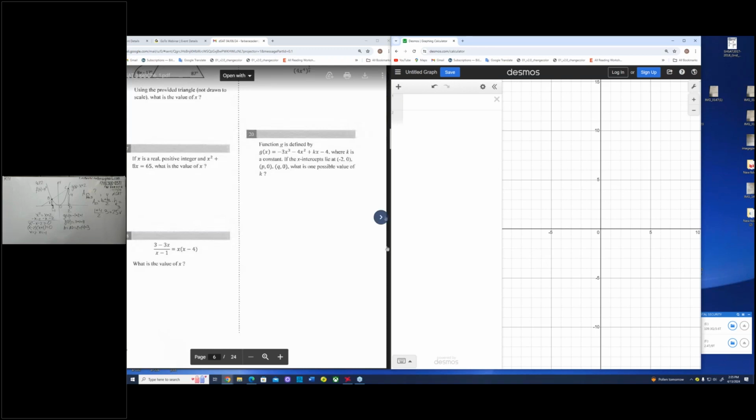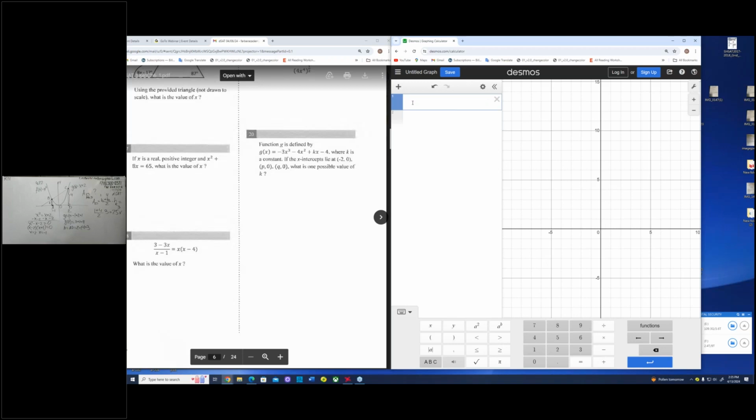So g of x, this one. Why do we need g? I don't need two sliders here because g of x is like y.